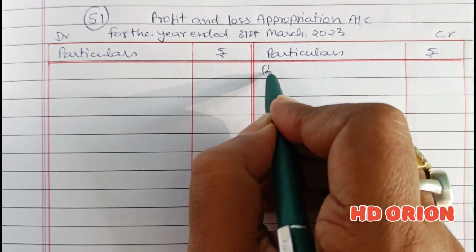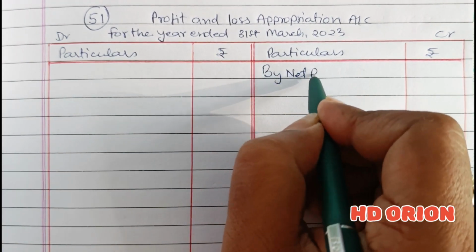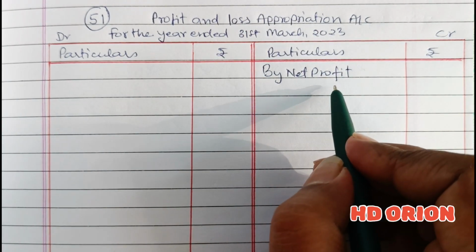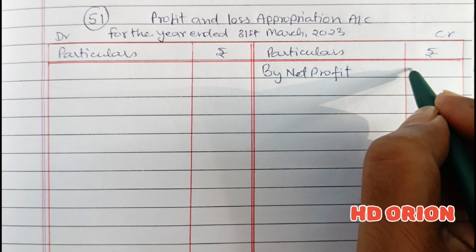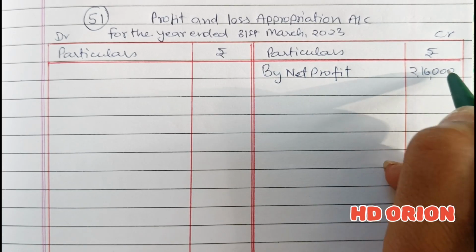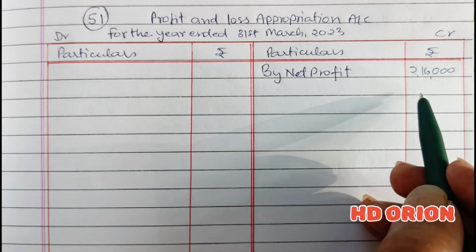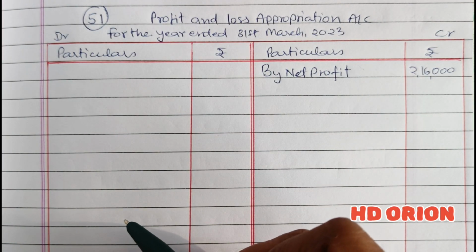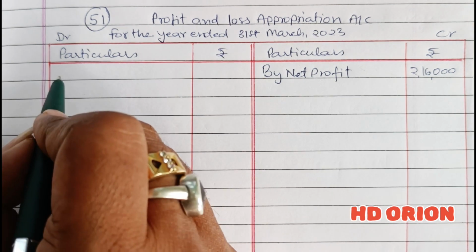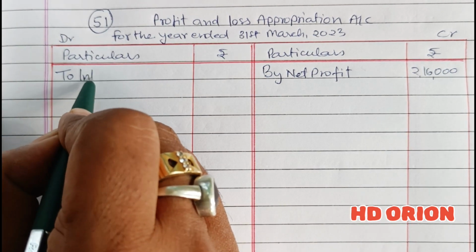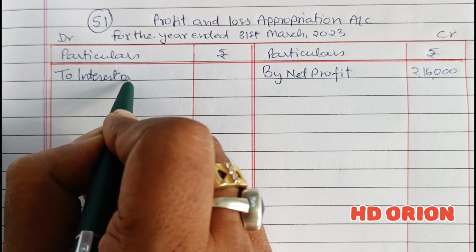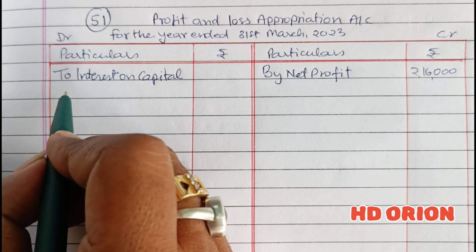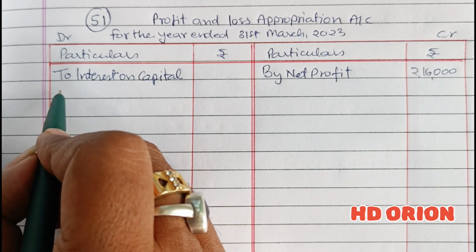So net profit as given in the question will be shown on the credit side of profit and loss appropriation account, because net profit is a credit balance and it is given rupees 2,16,000. So this is the net profit, and all the appropriation of this profit will be shown on the debit side, which will be transferred to partners capital account. Fine. So to interest on capital, as given in partnership deed in the question, to both the partners Amit and Vijay.